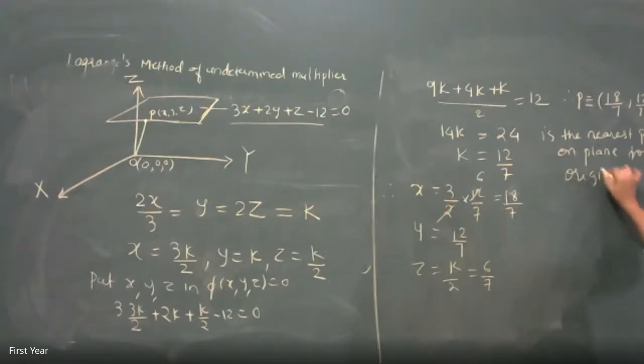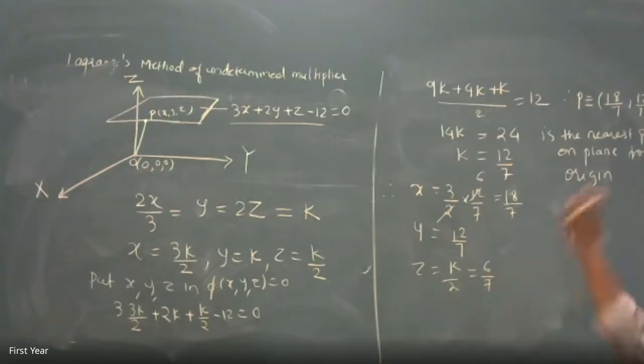We cannot prove it, but Lagrange's method gives it. If you want, you can cross check whether this point lies on the plane or not. Since we have solved the value of k with the help of phi of x, y, z only, obviously it will lie, but you can cross check.